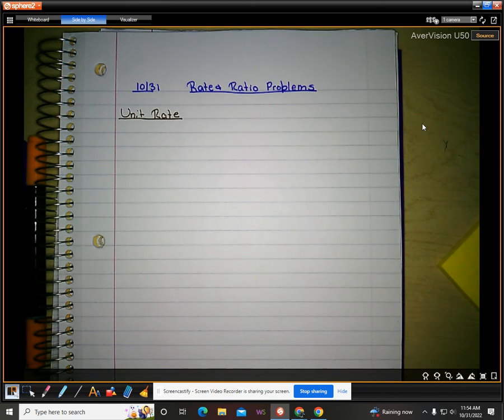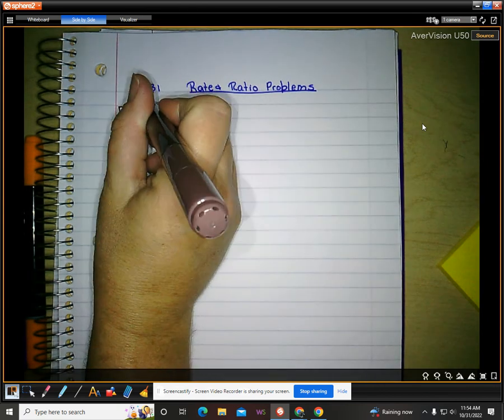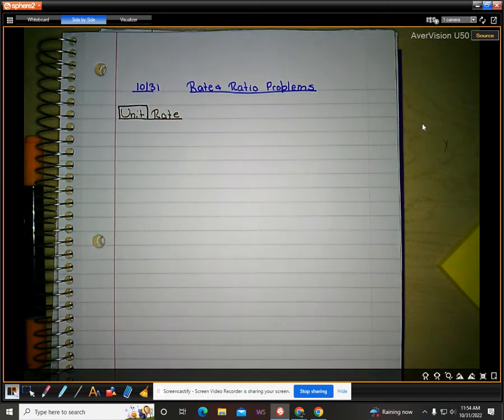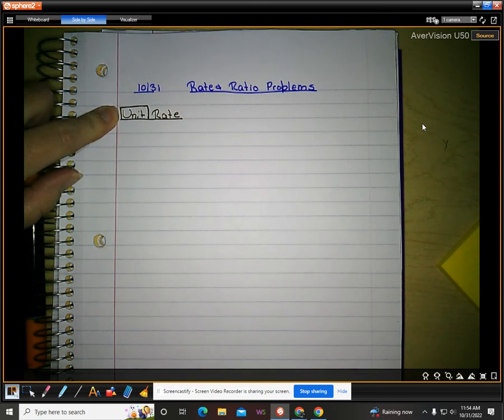So first thing I want to kind of review is unit rate. All right, and you don't have to write this down. It's already in your notebook somewhere. When we're looking at just a unit rate, that is the rate or the price or whatever of how many things. Unit is referring to how many things.